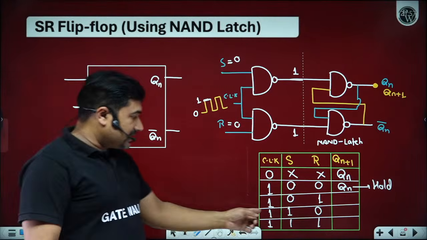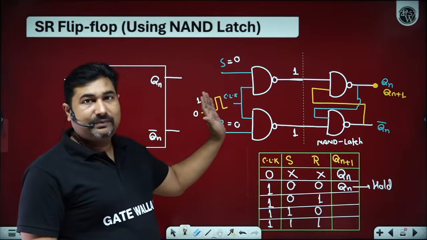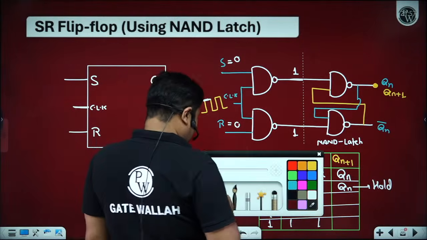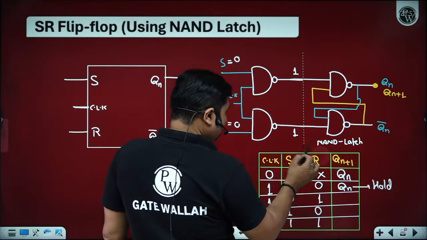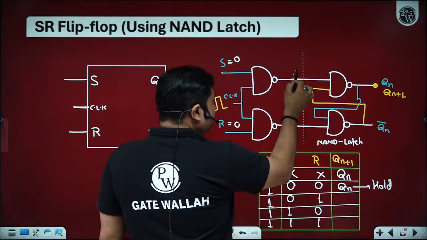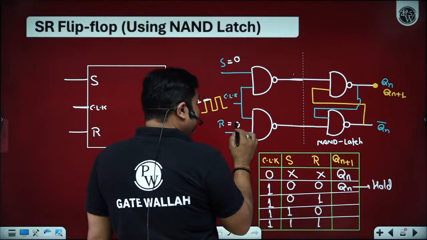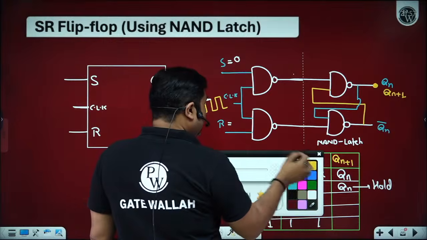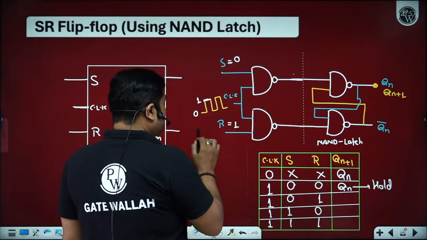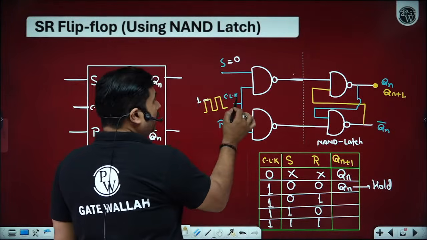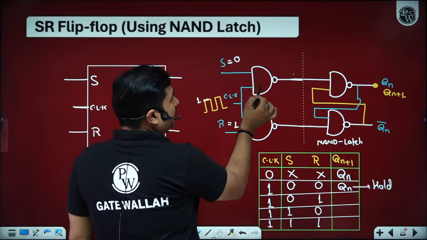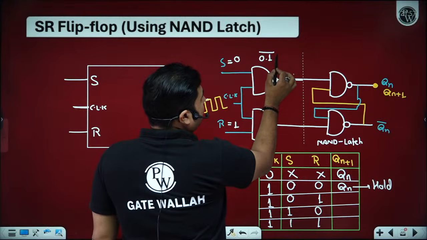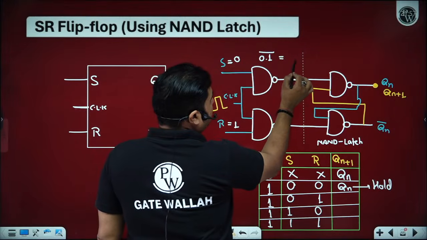Now let's have the 0, 1 condition. So when S is equal to 0 and R is equal to 1 with a high clock, 0 multiplied by 1 will give you logic level 0 and its complement will become 1.